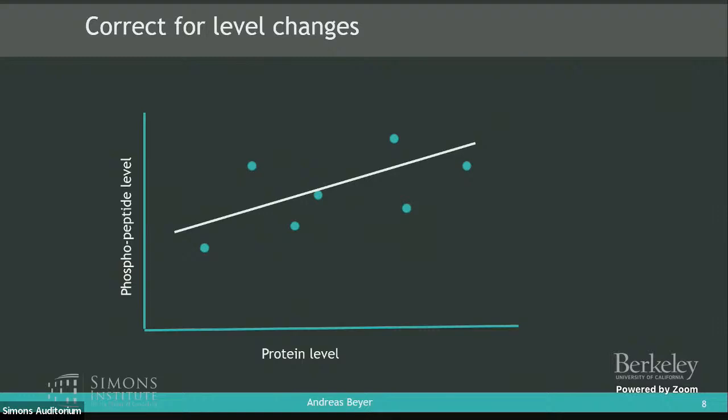And then we're doing a linear regression, and then we're saying this is the variance of the phosphopeptide that is explained by protein level variation. And then we regress out this effect in order to focus on effects that are independent of the protein abundance. So we're looking at the residuals. The residuals are noise to some extent, and to the other extent, it's a variation in phosphorylation that is independent of protein abundance.